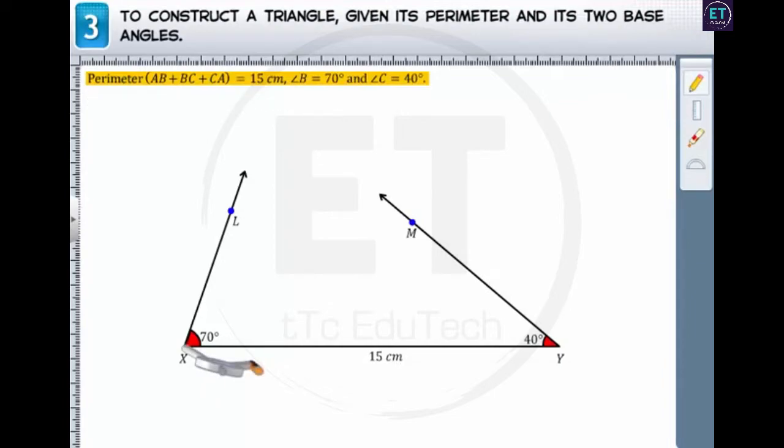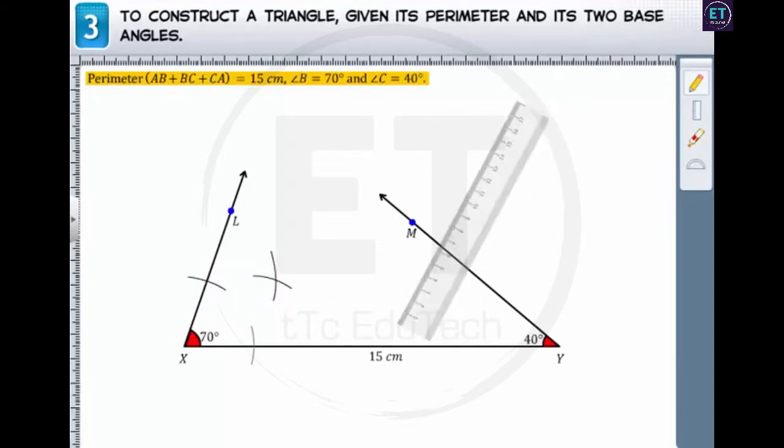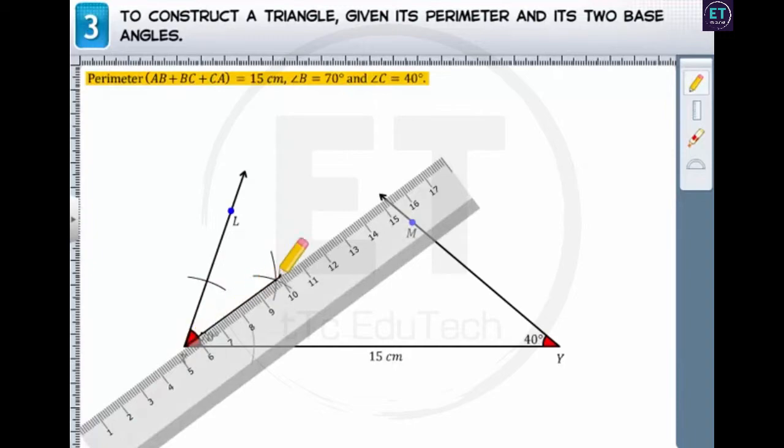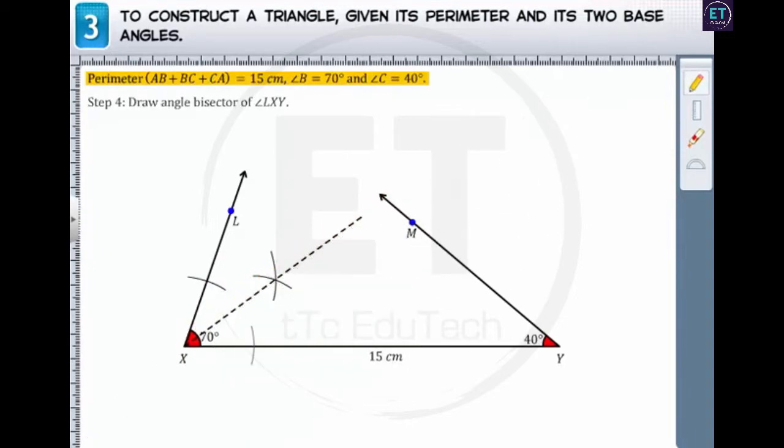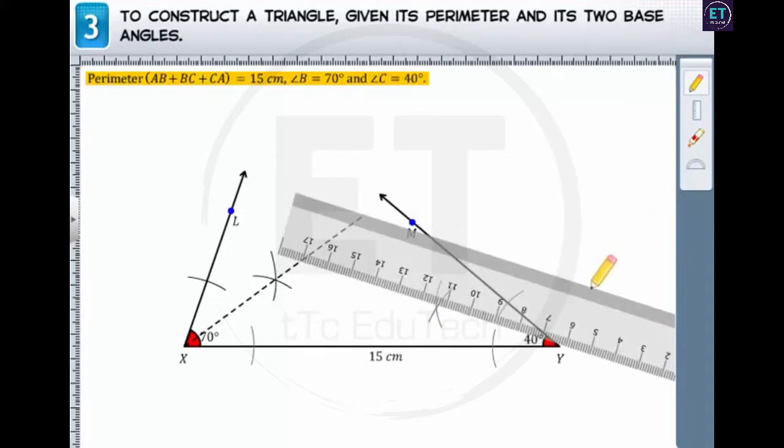Now, draw the angle bisector of angle LXY. Similarly, we'll draw the angle bisector of angle MYX at Y such that it meets the angle bisector of angle LXY at point A.